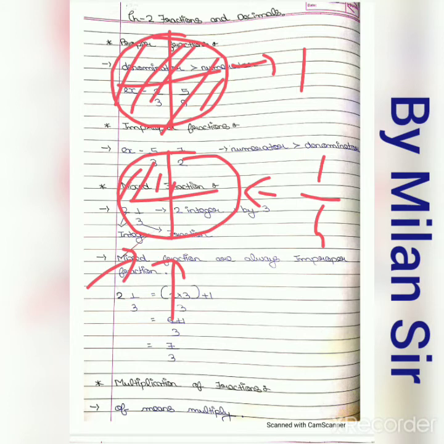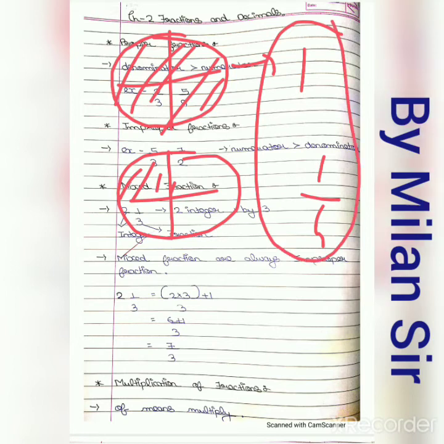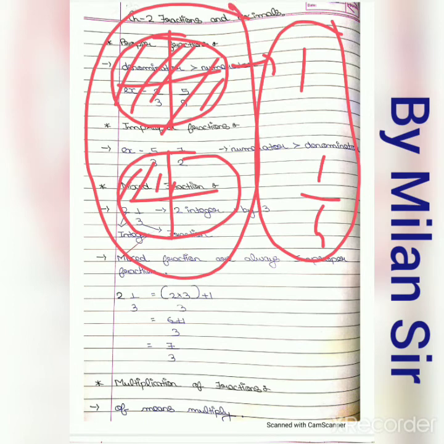That I explained to you in proper fraction. But at last in mixed fraction, we need to add these, right? Mixed fraction is a combination of both these figures. Now if we combine more than one figure, then we always get an improper fraction, that I already explained to you, right? In improper fractions we consider more than one figure, right? So this is the difference between proper fraction, improper fraction, and mixed fraction.